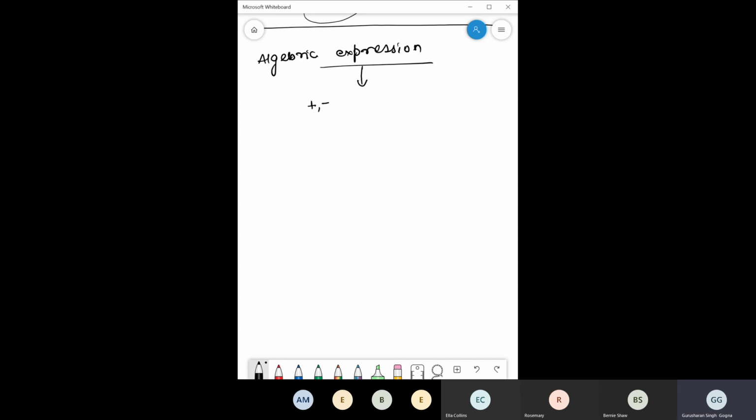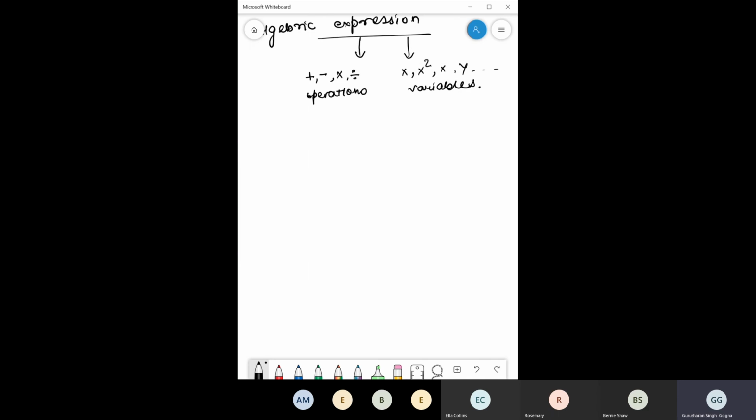For example, plus, minus, multiplication, and division. These are called mathematical operations. And it contains variables. For example, it can have x, it can have x squared, or it can have x or y, something like this. So these are called variables in mathematics. Okay. So algebraic expression is a combination of this.